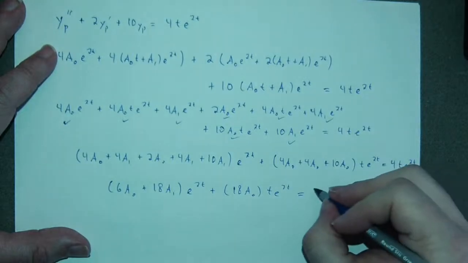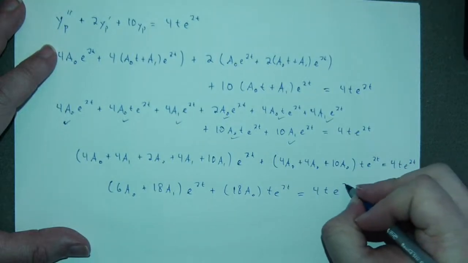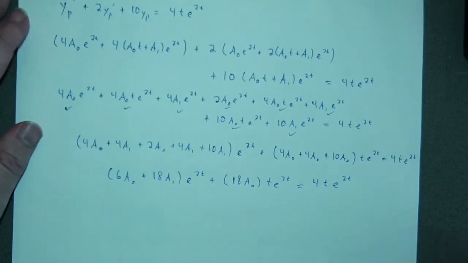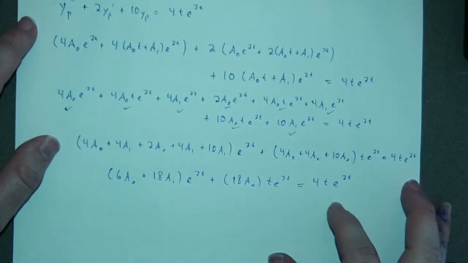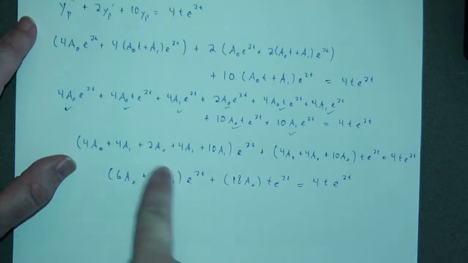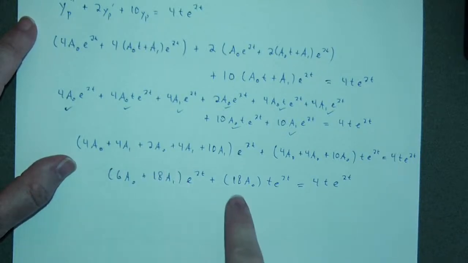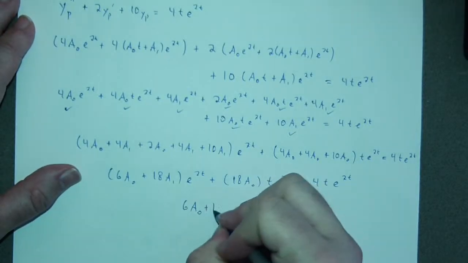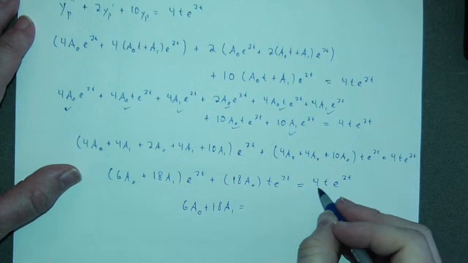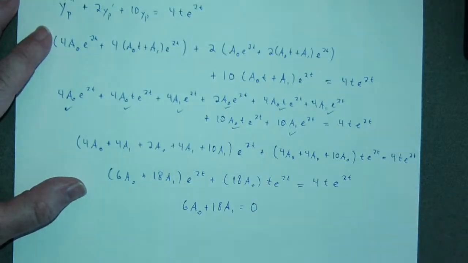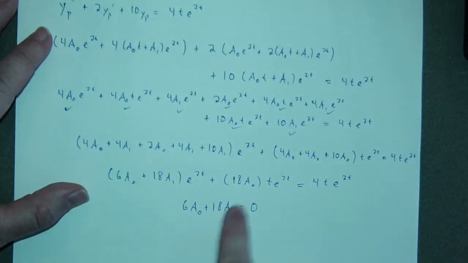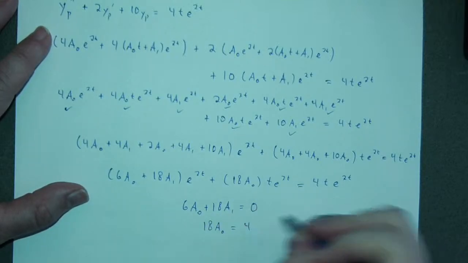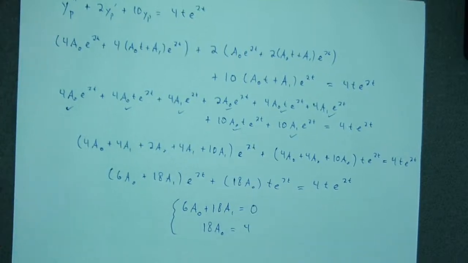And this is equal to 4t e to the 2t. Since on the right-hand side there's only a t e to the 2t, this first expression must be 0, and the second expression must be 4. So 6a0 plus 18a1 must be equal to 0, because there is no purely e to the 2t term over here. And 18a0 has to be equal to 4. And so these are the relationships you get.